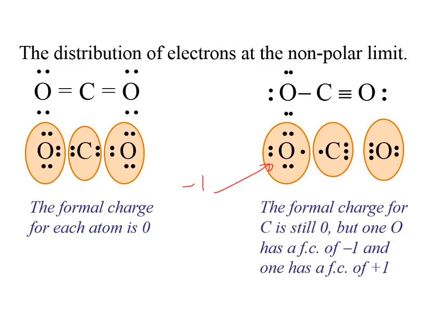And you're going to have some practice at this. 6 is what the periodic table says, and it's got 7 there. Over here, 6 is what the periodic table says, and it's got 5 here. So this guy is a plus 1. So again, if you're faced with having all formal charges of 0 or having formal charges of 0, minus 1, plus 1, the resonance structure with all zeros makes more sense.